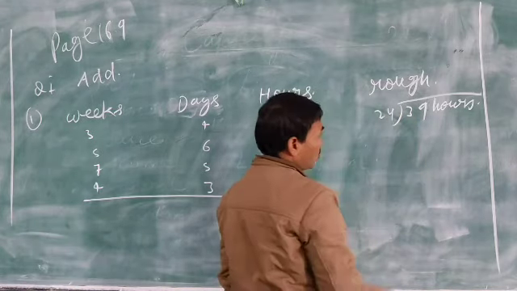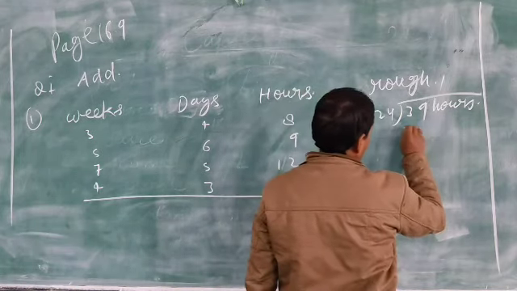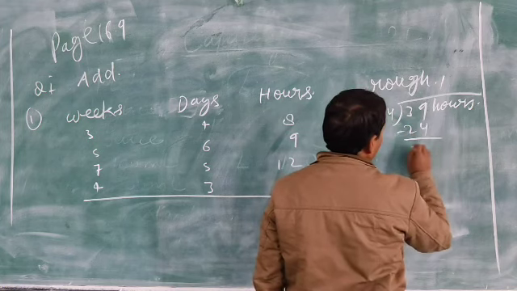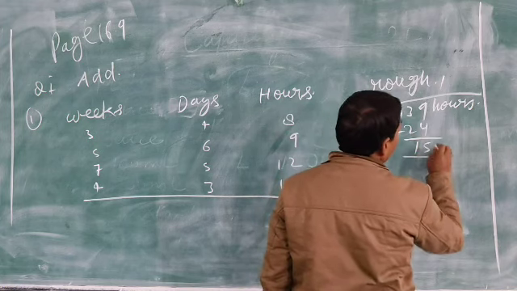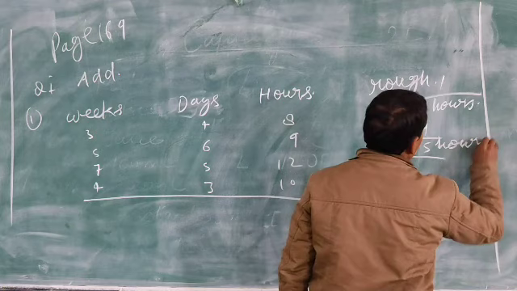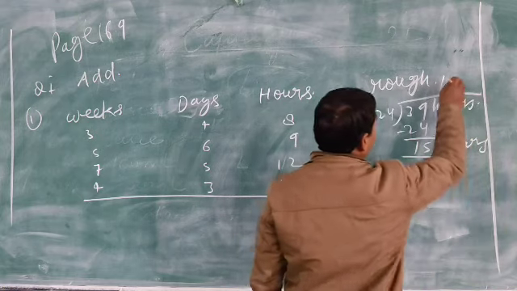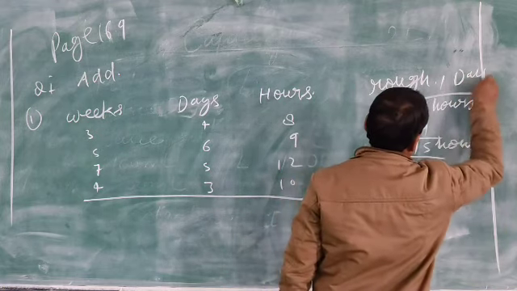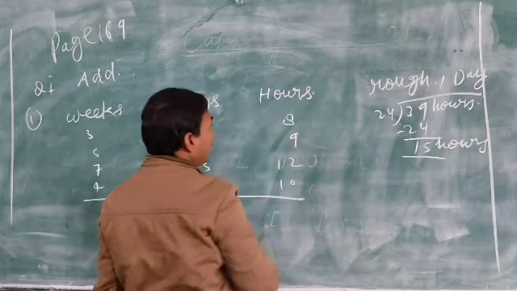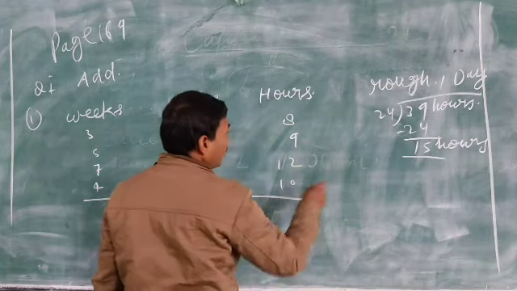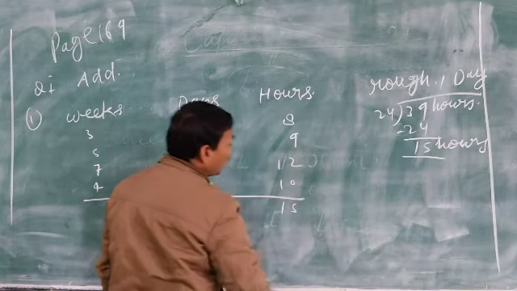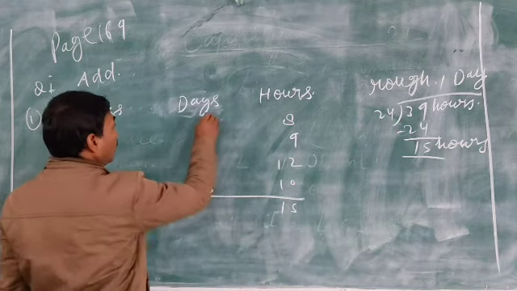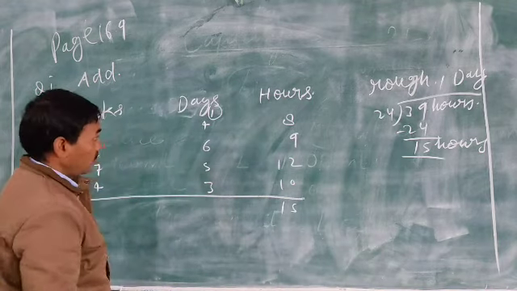If you divide one time by 24 and subtract, 15 hours is the remainder and 1 day. So 1 day you will add in the days column. So here we write 15 and 1 day we will add here.